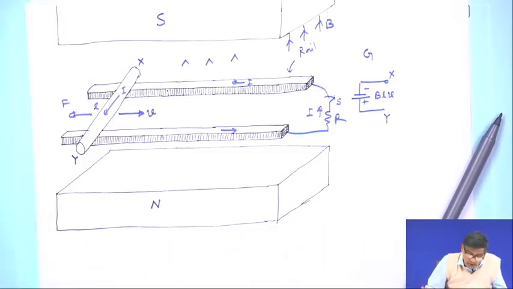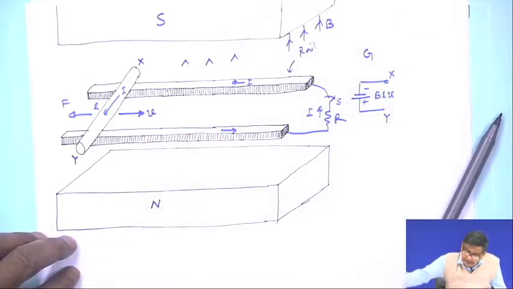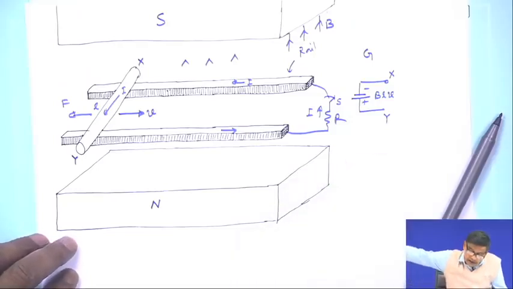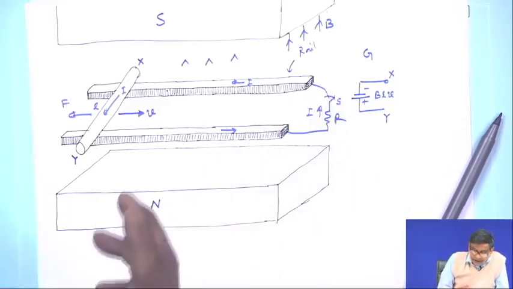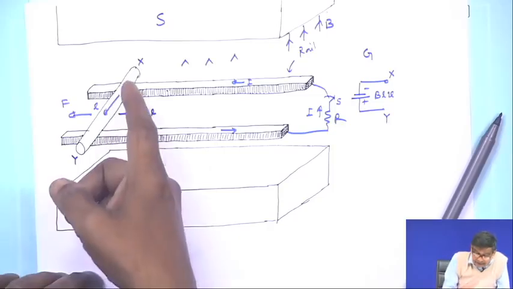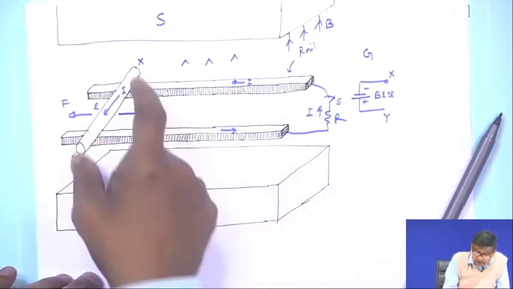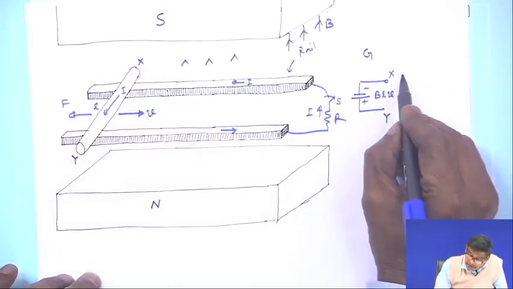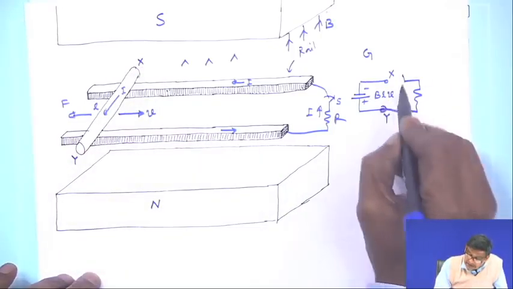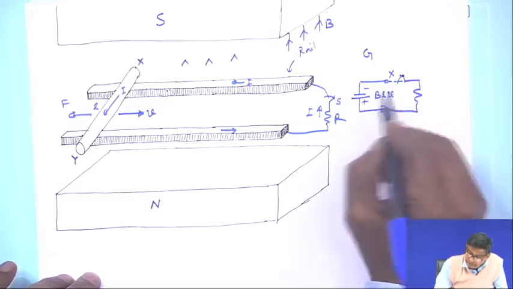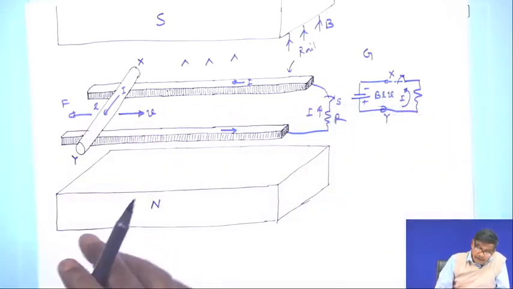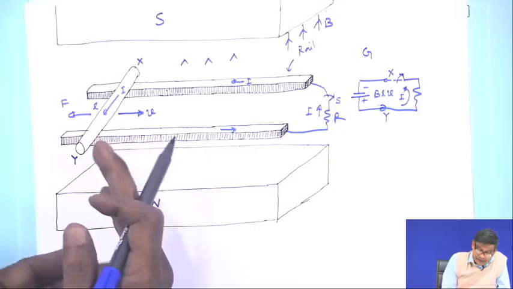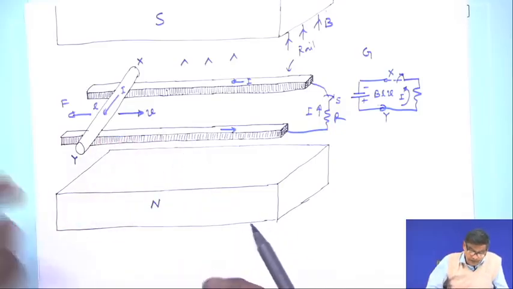And it can go on moving like this, provided this magnet exists infinitely long along the track length, everything is fine. But the moment you close the switch, I say that this conductor has to carry now current, because it has already become a seat of EMF. Equivalent circuit in the electrical mode is like this. So, there is an I, and the moment this I flows, now there appears a force. In which direction?